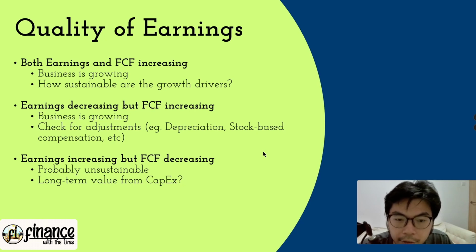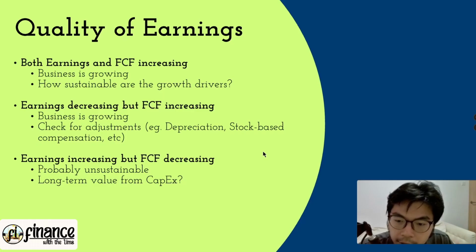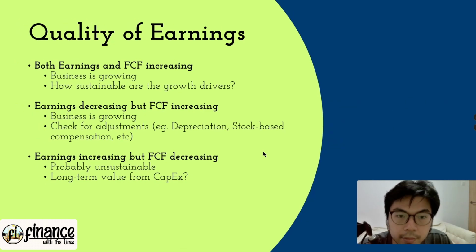This can be anything from depreciation, stock-based compensation, or some kind of deferred income tax. Thirdly, if earnings are increasing but the free cash flow is decreasing, it's a sign that the company is probably unsustainable, unless we can justify some kind of long-term value from the capital expenditure that they are spending on.